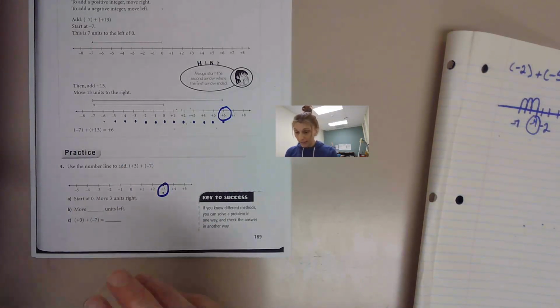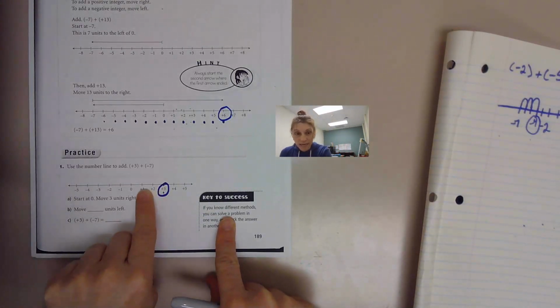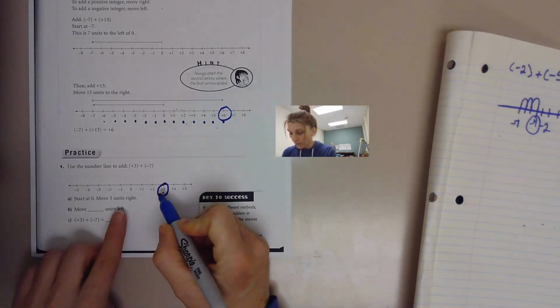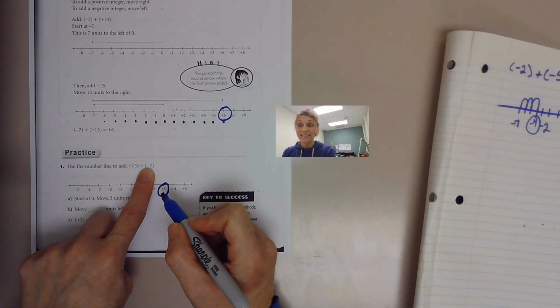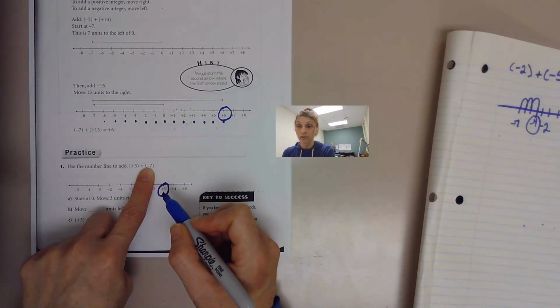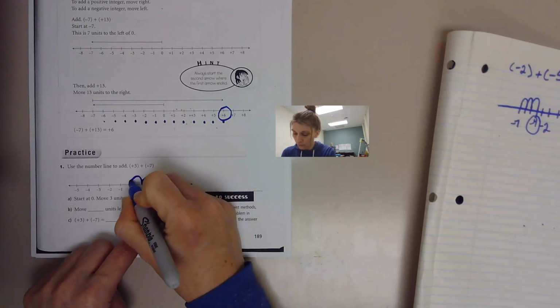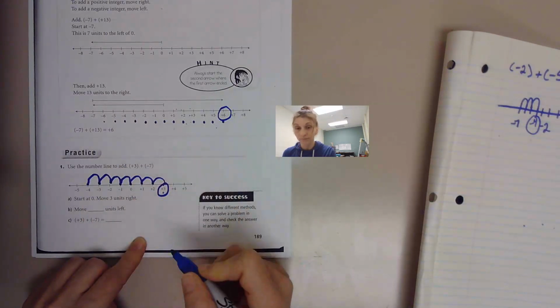If you are adding a negative number, your amount is going to be reduced. It's going to be smaller. We have to go down the number line. So we are going to go 7 jumps, decreasing down the number line to the left. So we go 1, 2, 3, 4, 5, 6, 7.